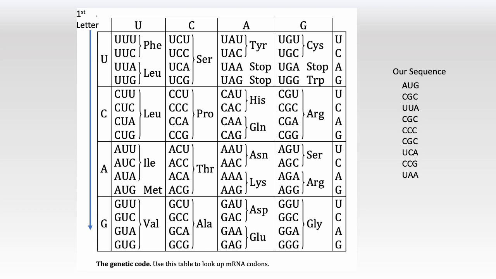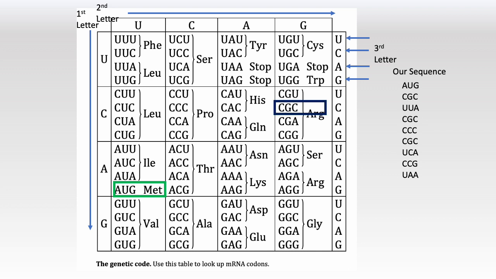And so my first letter, my second letter, and my third letter. I start with AUG, then I got CGC, then I got UAA, back to CGC, to CCC, back to CGC, up to UCA, over to CCG, and now I got UAA, stop.